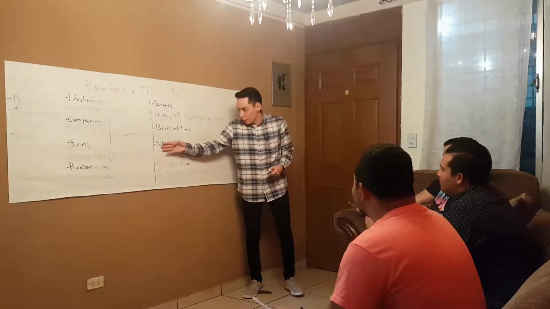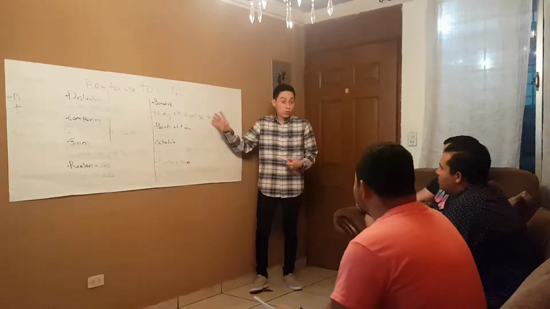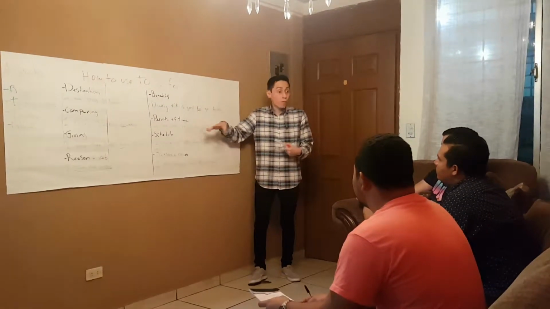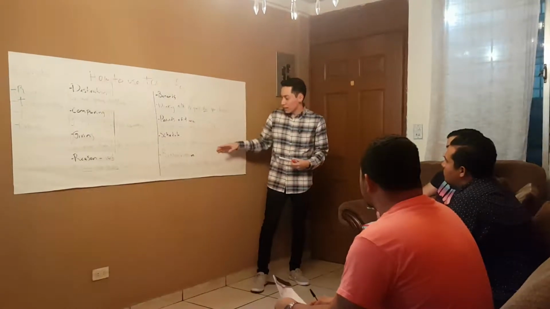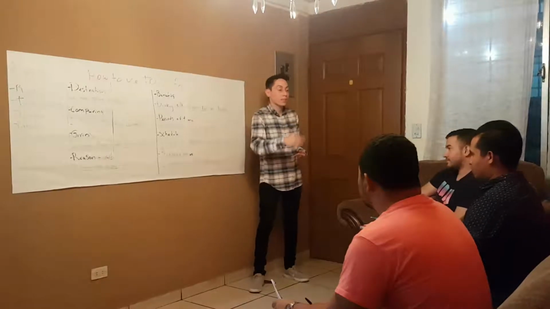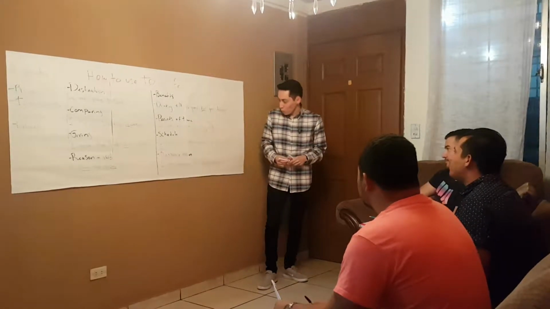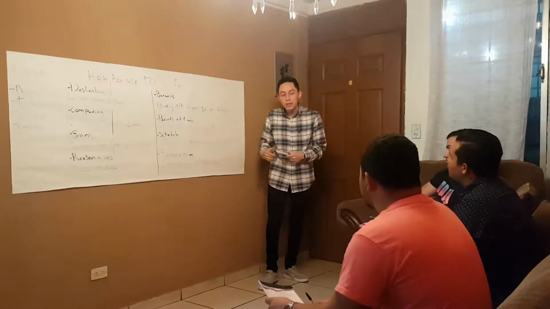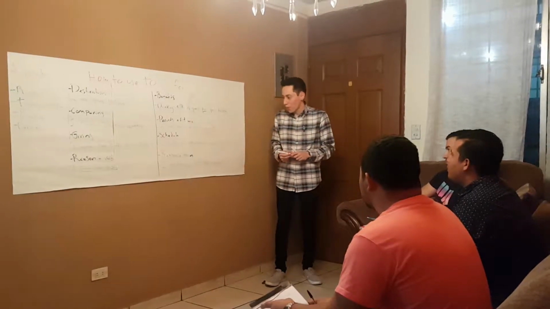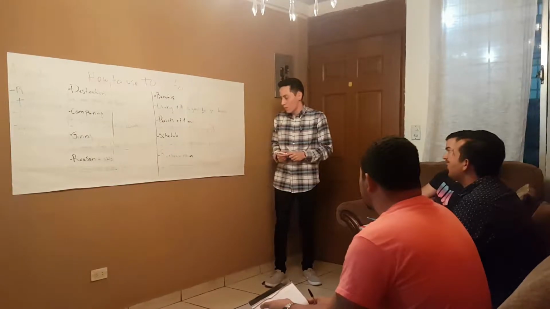Now, when we're talking about schedules, you can use the word for, for example, with something that is already arranged. Now, can you read the example for me, please, Rene? I made an appointment for May 11th. Good. Can you read it again, please? I made an appointment for May 11th.